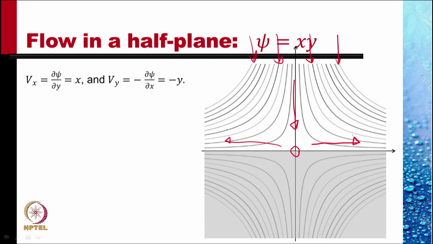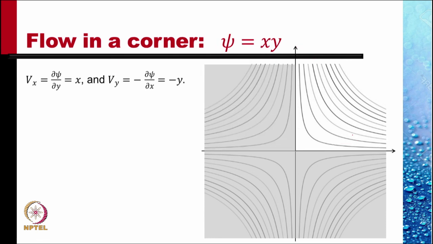Not only this, we may replace the y axis also by a wall, so that this first quadrant is the only region where the flow takes place. ψ equal to xy, the stream function, also represents flow in a corner.